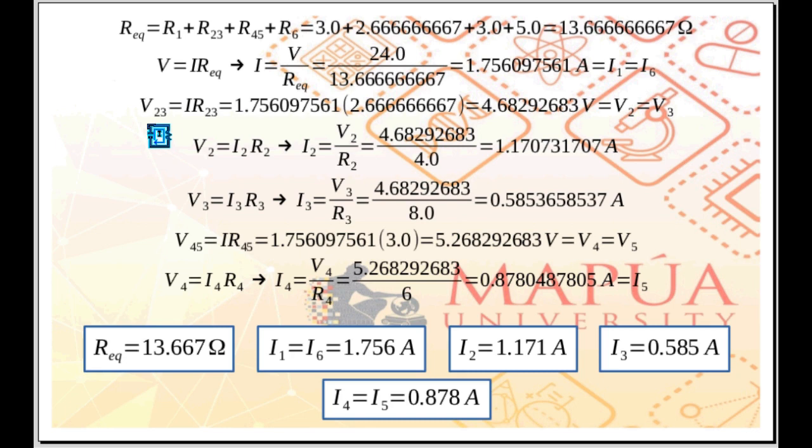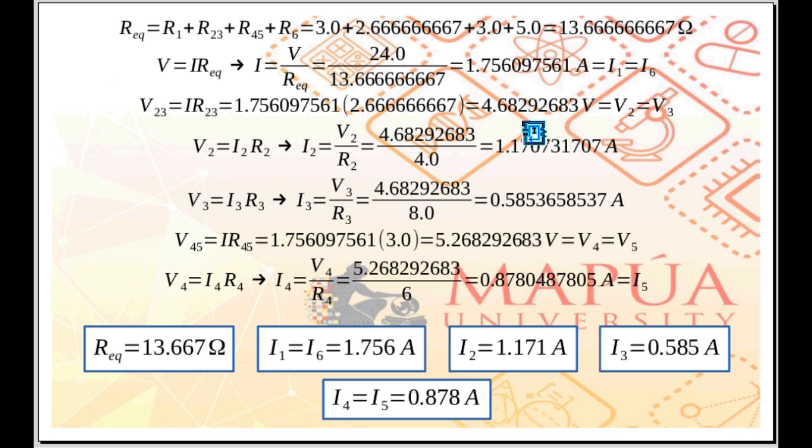Now, current I is passing through resistance R23. So, Ohm's law tells us V23 is equal to I R23. We are able to determine the voltage V23, 4.68292683 volts. Resistors in parallel connection, V2 and V3, voltage across R2 and voltage across R3 are the same.